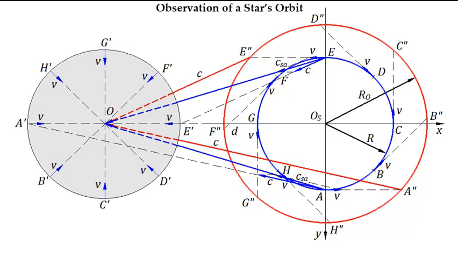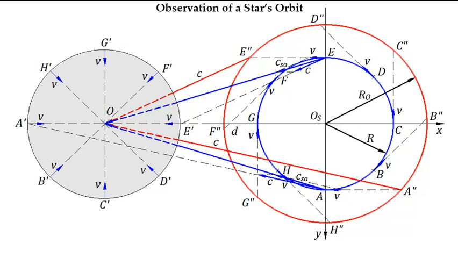The distance d equals OOS is perpendicular to the orbit and the imaginary circle plane. The observer at rest is located at the point O.